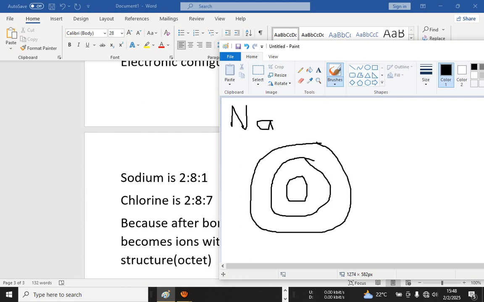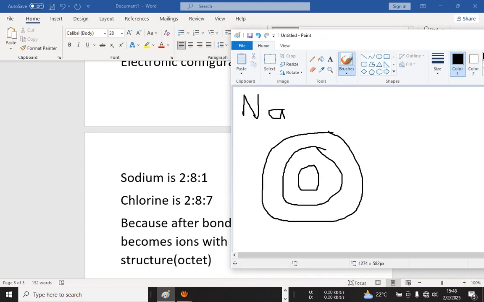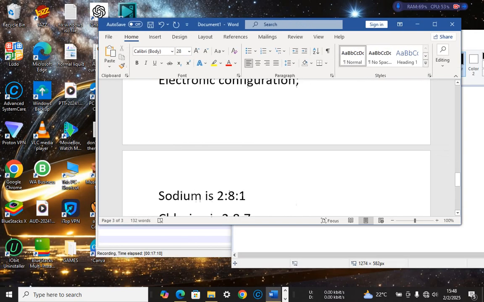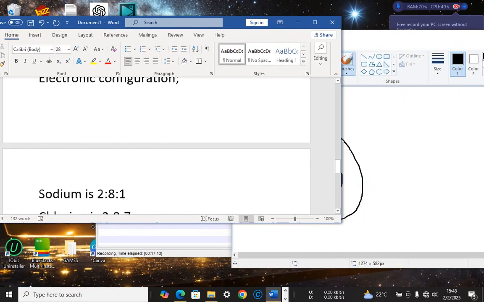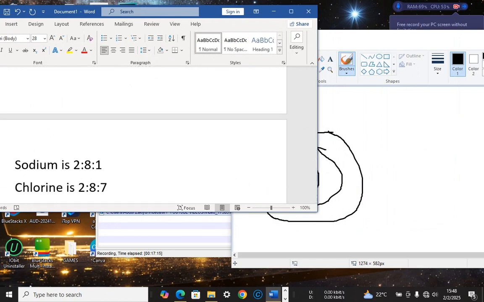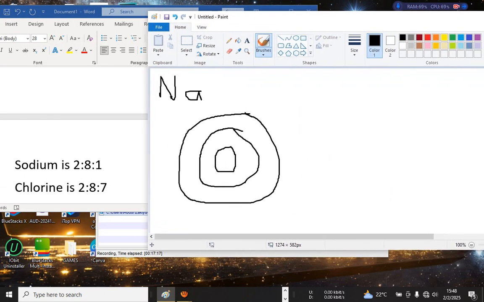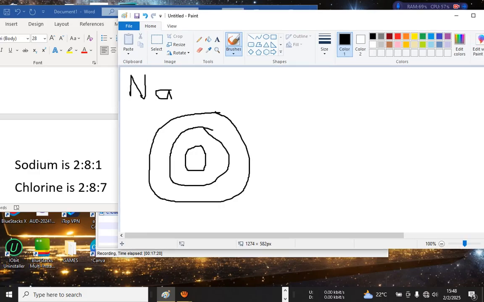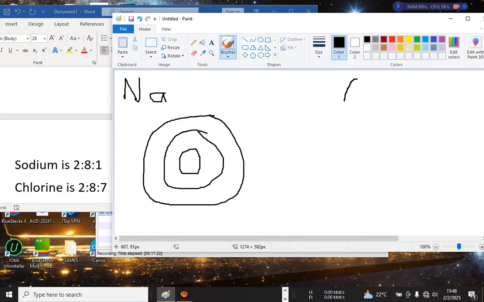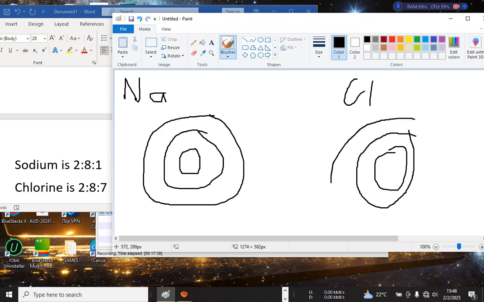So that is sodium. Now what about chlorine? Chlorine has the symbol Cl. The first 2 in the chlorine configuration also represents the first shell. The 8 represents the second shell, and the 7 represents the third shell.